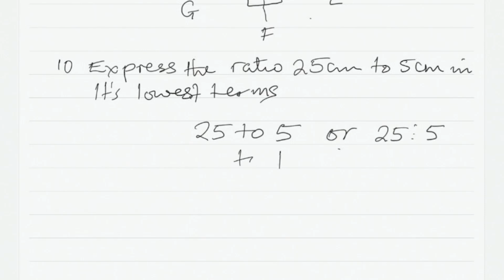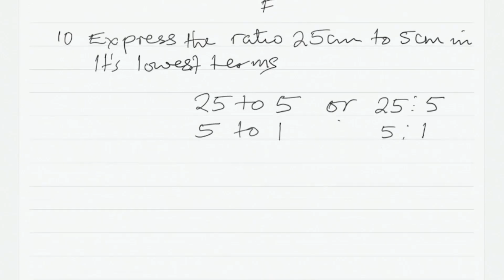Equally, this side it's going to be 1. So expressing 25 centimeters to 5 centimeters in its lowest terms, it will be 5 to 1. So our question will be answered by writing A as the answer.